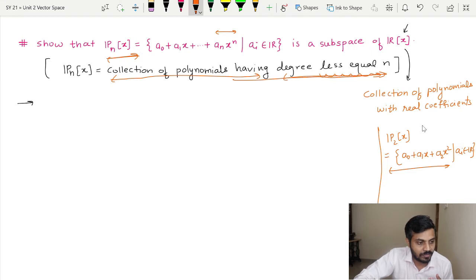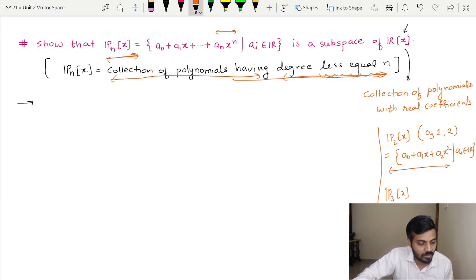So P2 of x will contain polynomials of degree 0, meaning constant polynomials. It will also contain polynomials of degree 1, that is linear polynomials, meaning polynomials of the form a0 plus a1x, as well as degree 2 polynomials. Now talking about P3 of x, it will be slightly different.